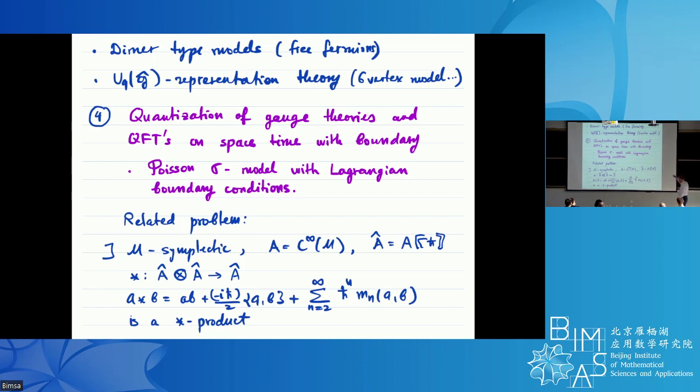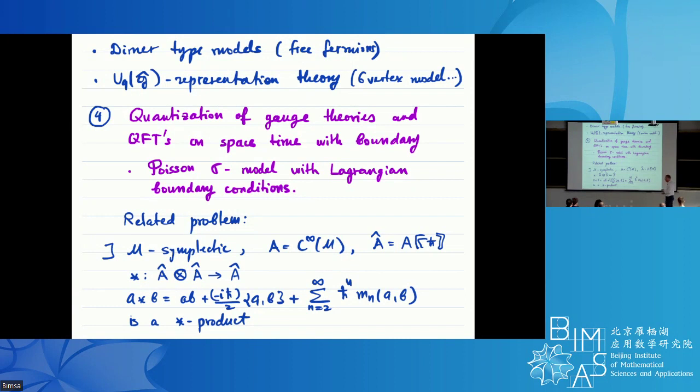And then Kontsevich came, and he constructed an explicit example of such a star product and gave a full classification of these star products. The answer is the following. For a Poisson manifold, equivalence classes of such star products are in bijection with formal deformations of the Poisson tensor.